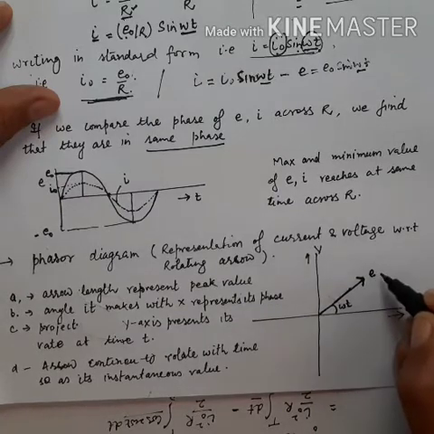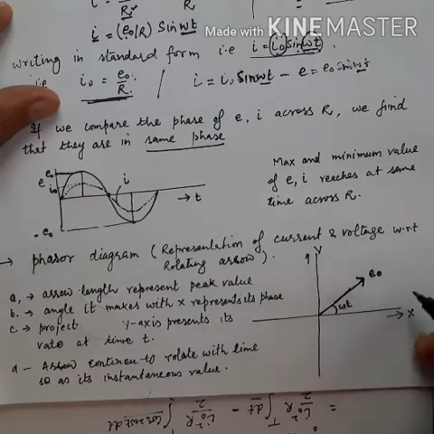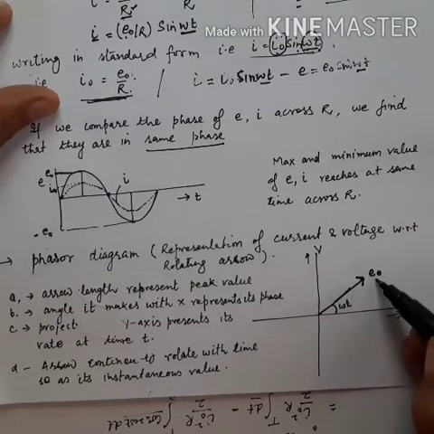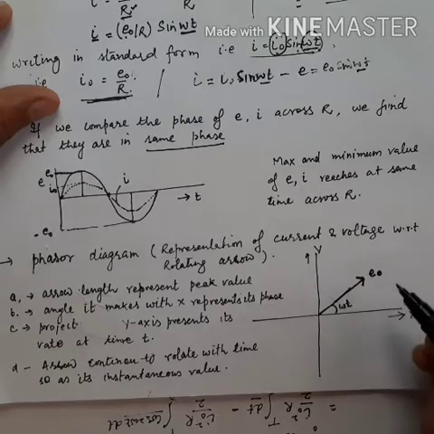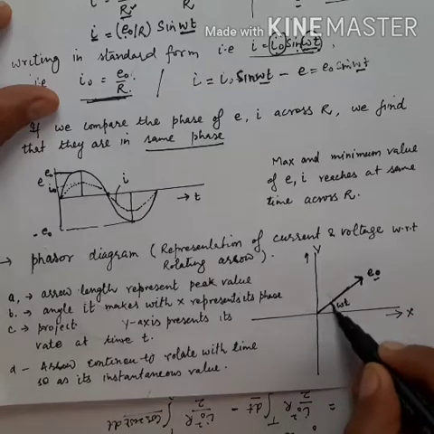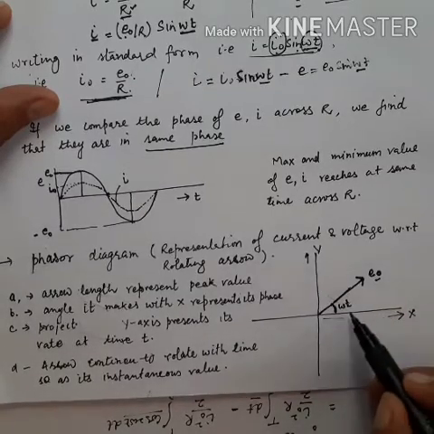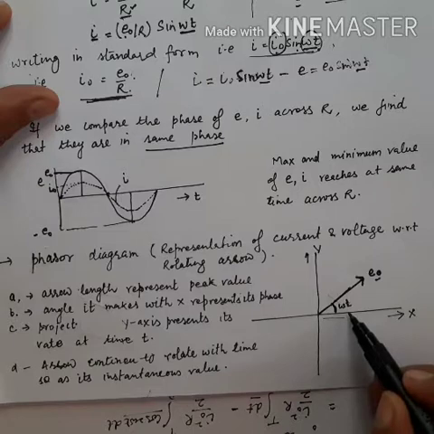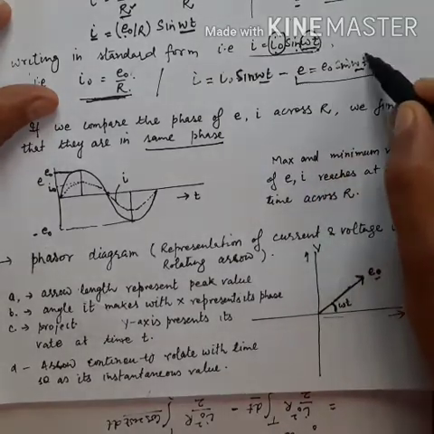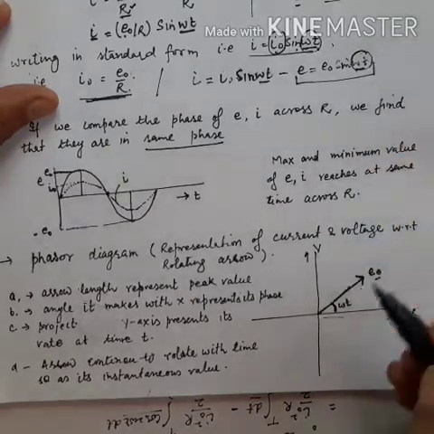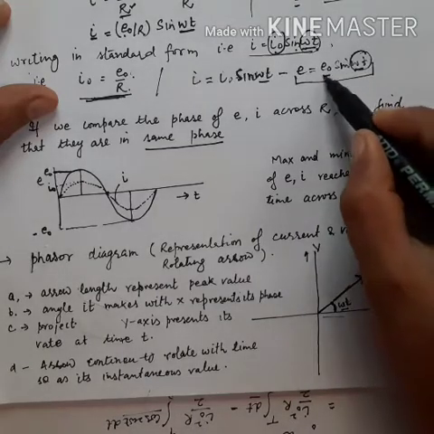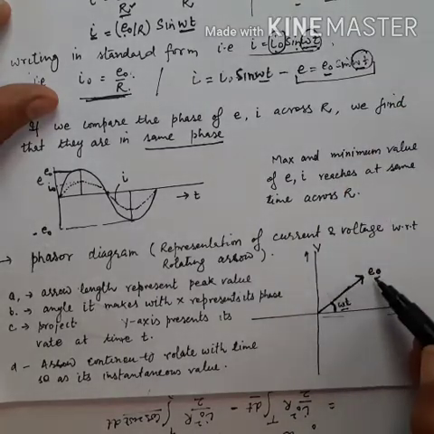I will draw for the case of alternating voltage. The length of this arrow represents the peak value of the voltage, that is E naught, and the angle it makes with the x-axis represents its phase. As we know, alternating voltage has a phase of omega t, so its angle is omega t and its peak value is E naught. So the length of this arrow is E naught.